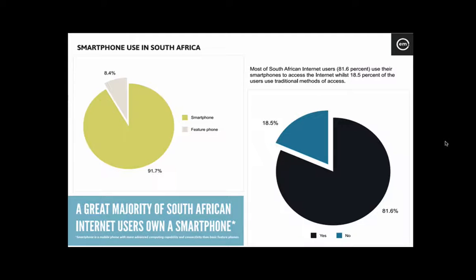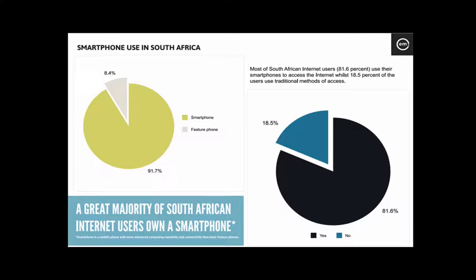Another thing I want to mention is the importance of using smartphones, or for your website and your SEO to be optimized for smartphones. In South Africa and in most of Africa, we have a very high percentage of mobile users using the internet, and they search on their mobiles 81% of the time.